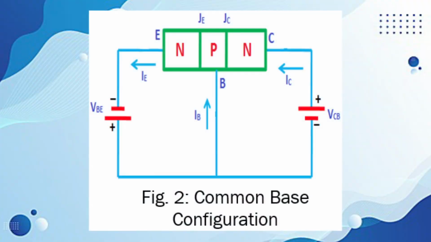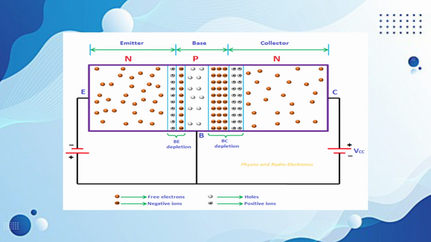The supply voltage between base and emitter is denoted by VBE, while the supply voltage between collector and the base is denoted by VCB. The common base CB configuration of NPN and PNP transistors is shown in the figure 3A and 3B respectively. The working principle of PNP transistor with CB configuration is same as the NPN transistor with CB configuration.